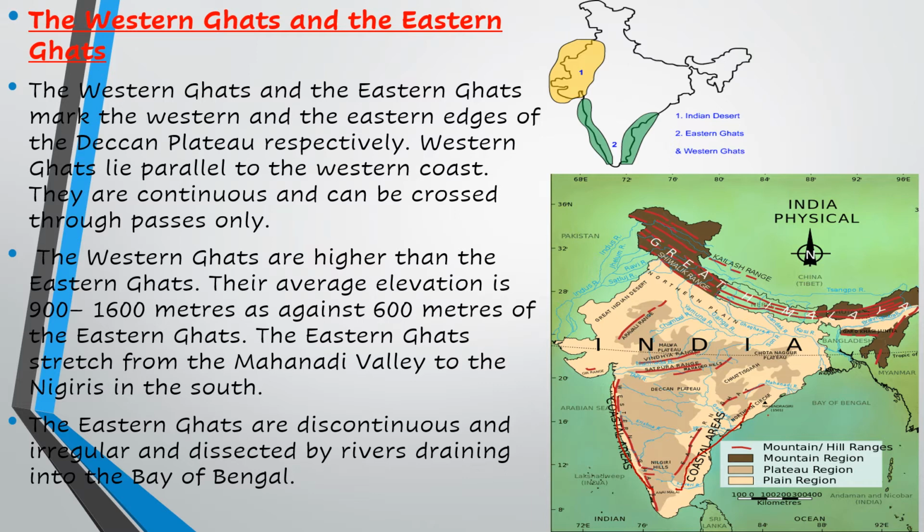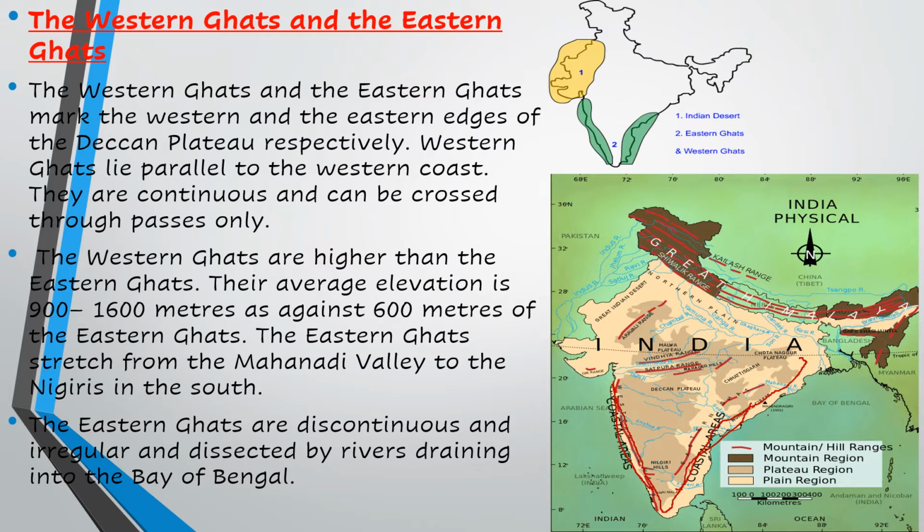The Western Ghats and the Eastern Ghats mark the western and eastern edges of the Deccan Plateau that we have seen in our earlier slides as well. I'll show it over here also. You can see the edge. They are marking the edge of the Deccan Plateau.